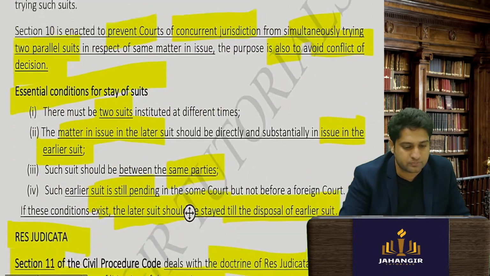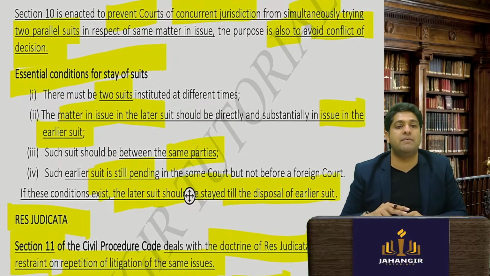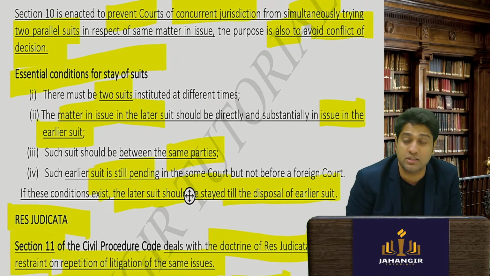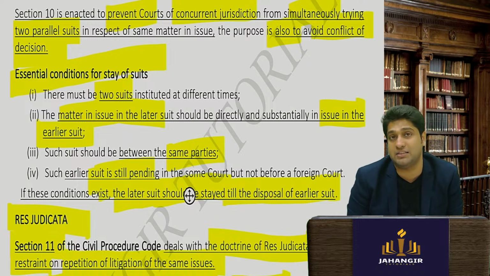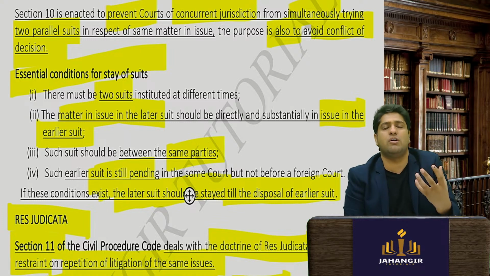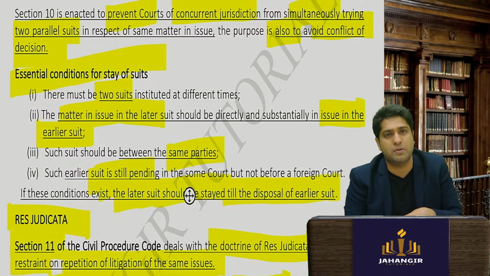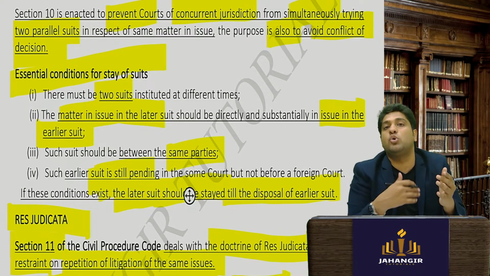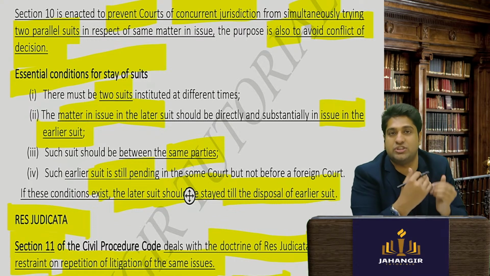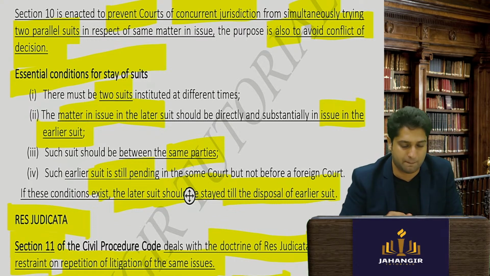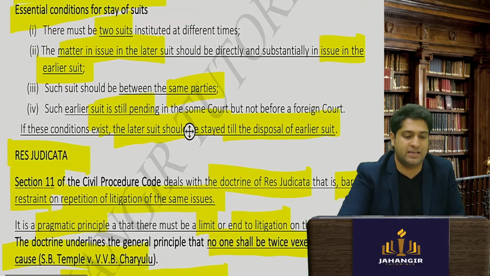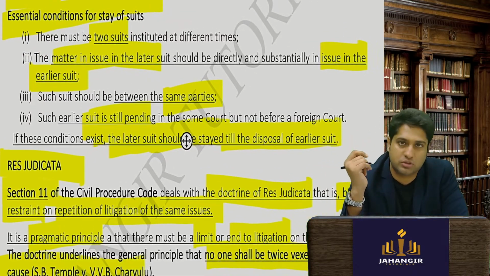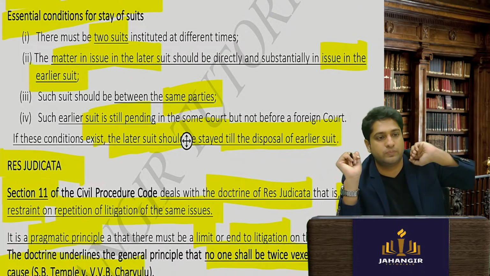So Section 10 prevents courts of concurrent jurisdiction from simultaneously trying the suit. Court A has the same jurisdiction, and court B could also take up the matter, so we prevent two courts of the same jurisdiction from taking up the matter simultaneously. What will we write in the exam? You will write the conditions. First, there have to be two cases, case 1 and case 2.